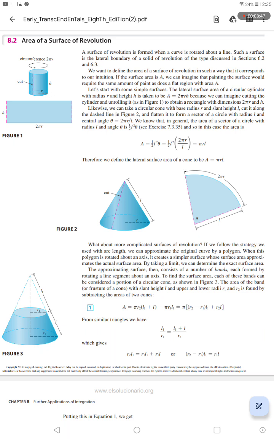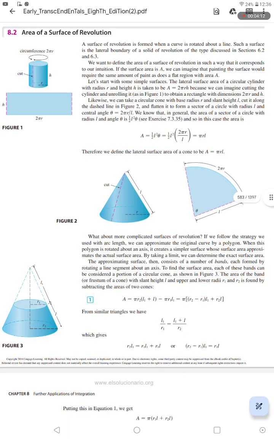The area of the band, or frustum of a cone with slant height L and upper and lower radii r sub 1 and r sub 2, is found by subtracting the areas of two cones.